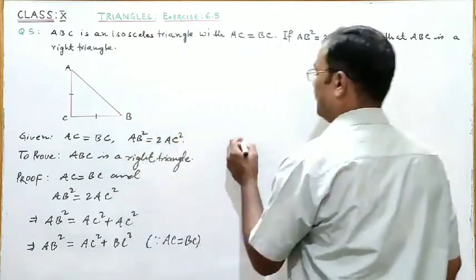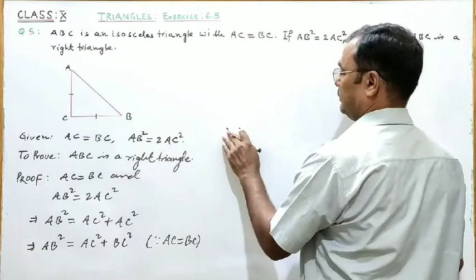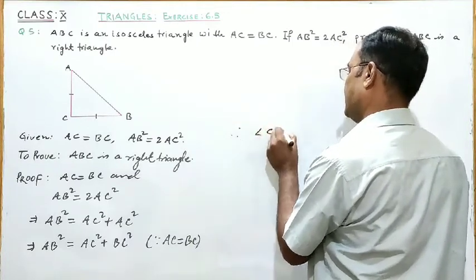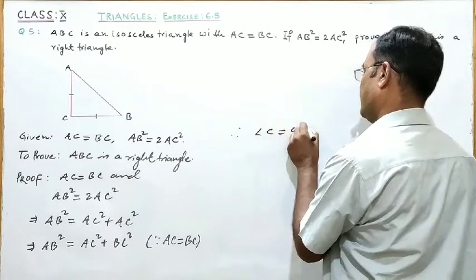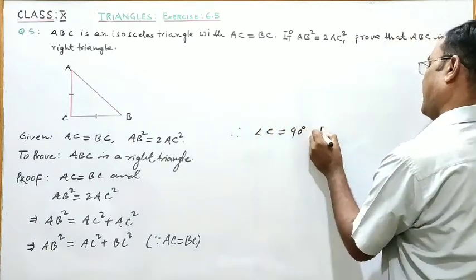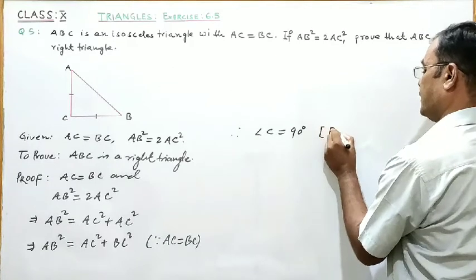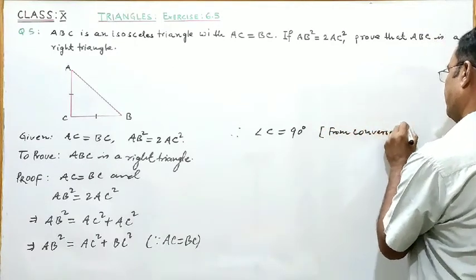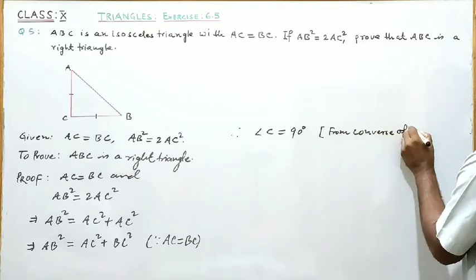So therefore, angle C is equal to 90 degree from converse of Pythagoras theorem.